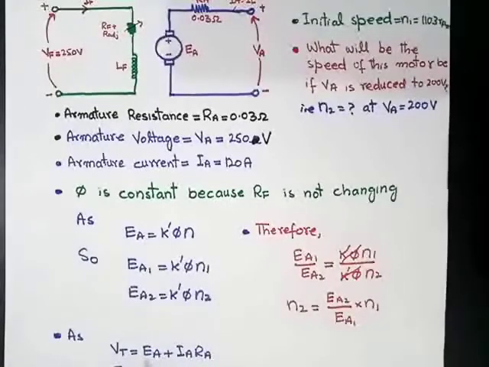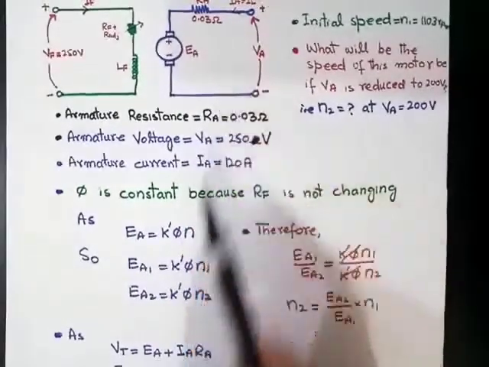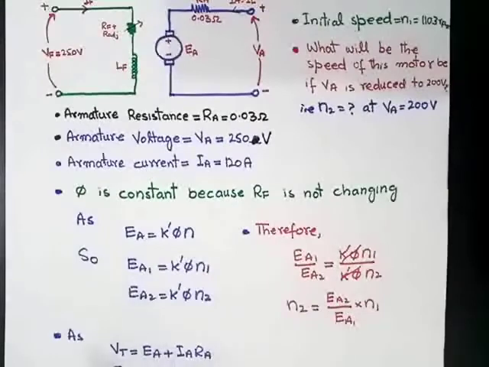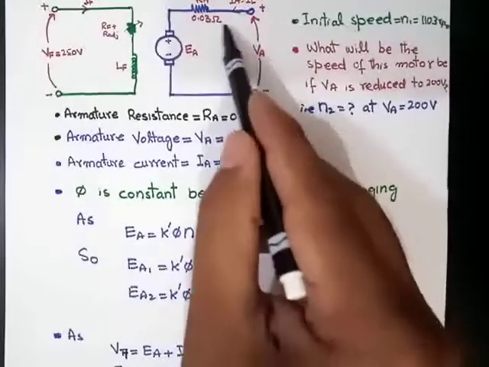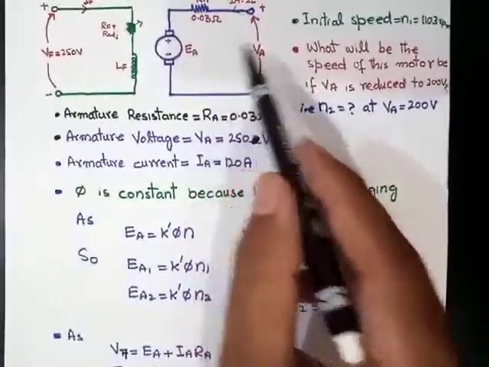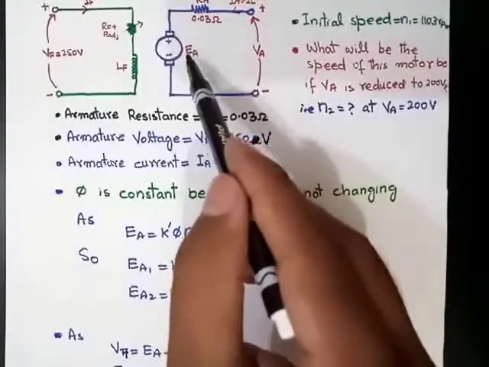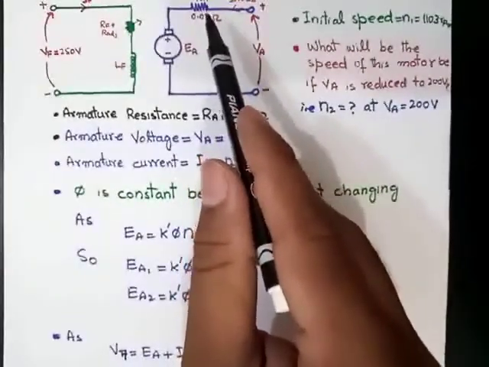As we know, the voltage across the armature winding, by applying KVL, VT or VA is equal to EA plus IA into RA.